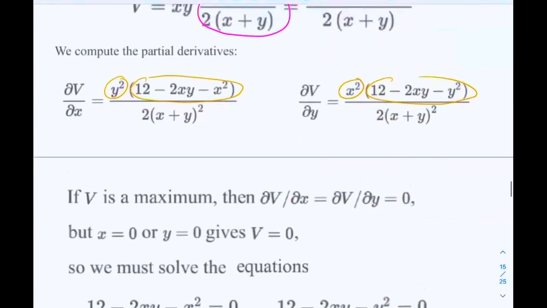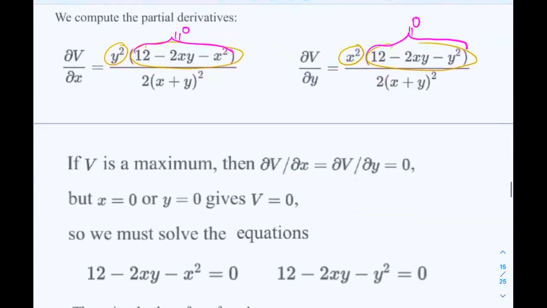So we cannot have x or y equal to 0. The only possibility is that this equals 0 or this equals 0, because x and y cannot be 0. Otherwise, we don't get a box.